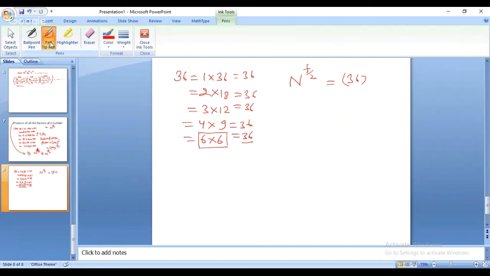Let me highlight it with a ballpoint pen: 1, 2, 3, 4, 5, 6, we will not count this, 9, 12, 18, 36. 1, 2, 3, 4, 5, 6, 7, 8, 9. We are getting 9, so 9 upon 2. What will that be? 4.5? No, that will not be our answer.